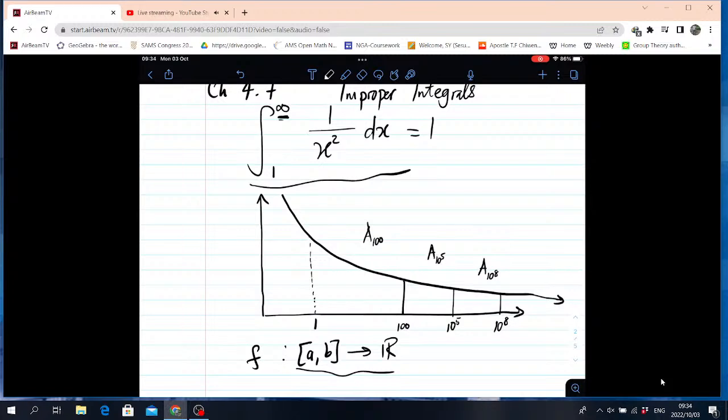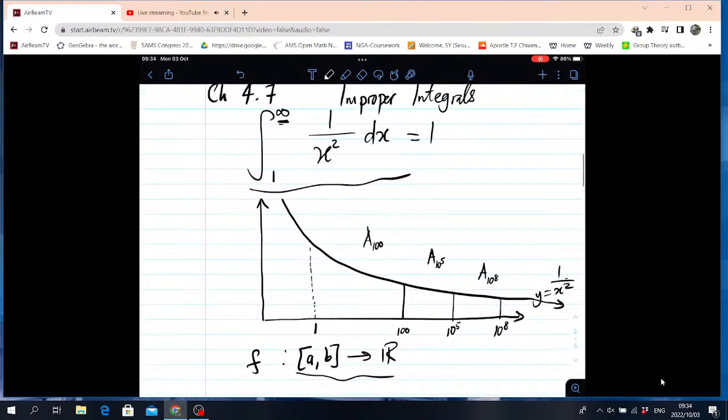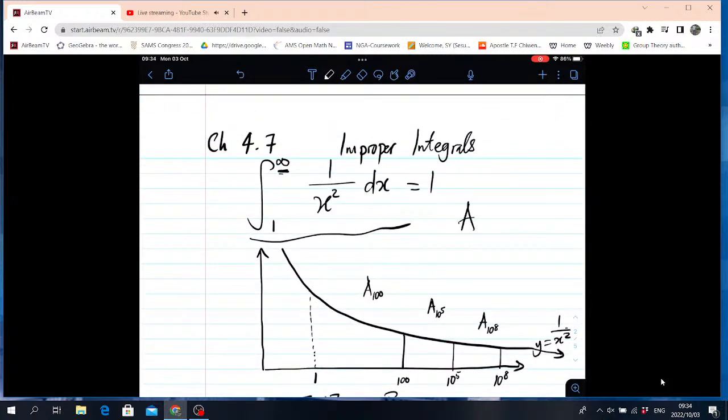If we draw it, just assume that this is your y equals 1 over x squared, and then you want to integrate. Suppose A(t) is the integral from 1 to t of 1 over x squared dx, where t is greater or equal to 1.